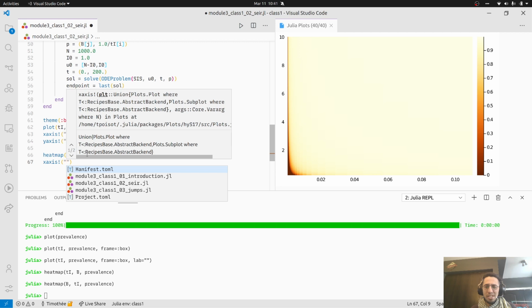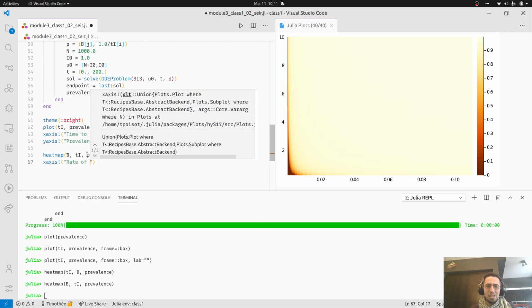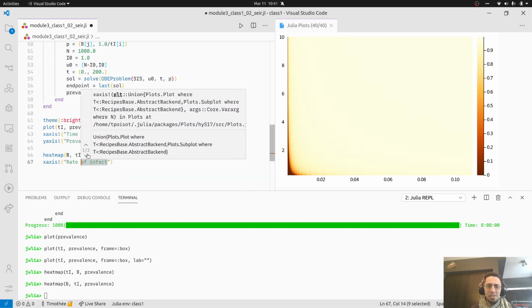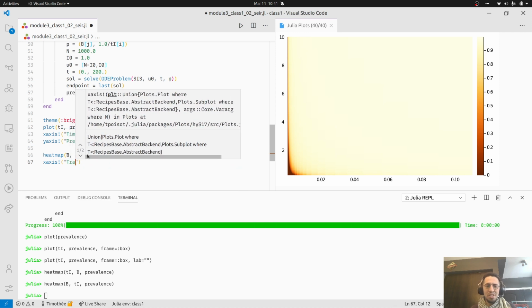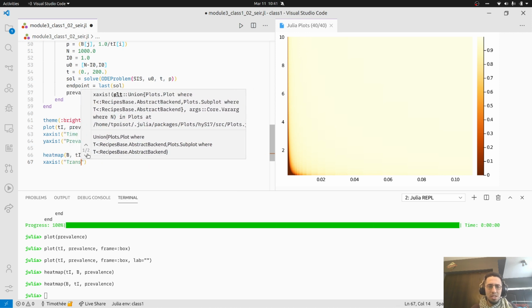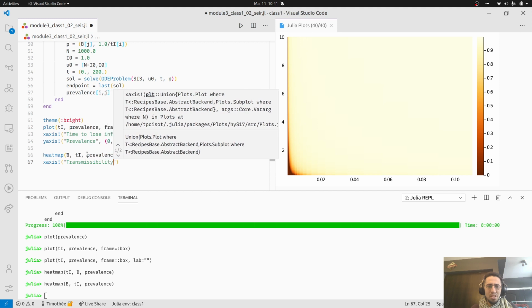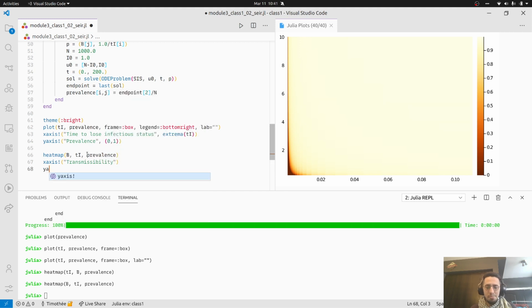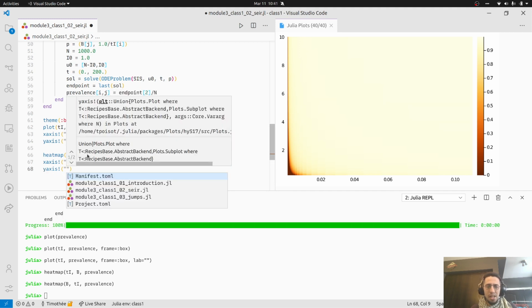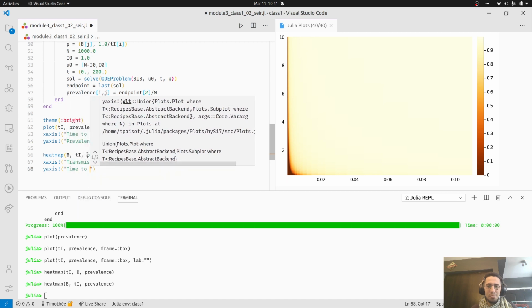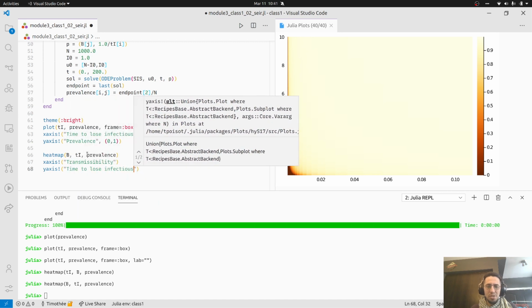The x-axis is going to be the rate of, let's call that transmissibility. And the y-axis is the time to lose infectious status.